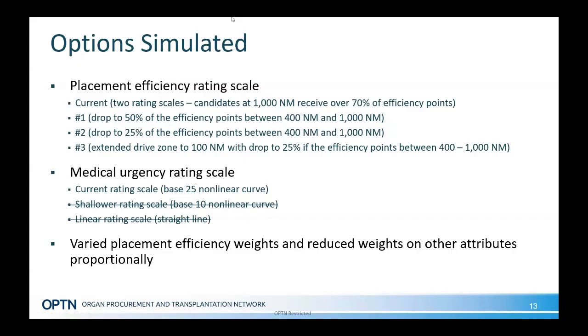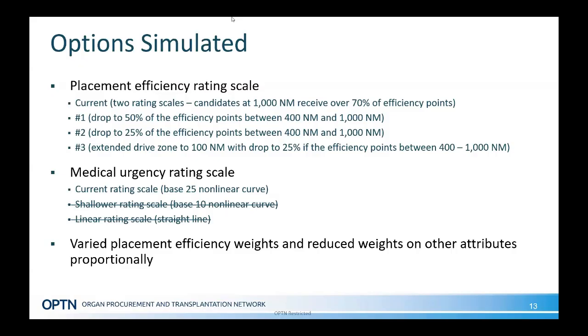So the number is 10%, or 10 out of 100, and we can change that number lower or higher to place more or less weight on placement efficiency, or geography. The analogy I would use for this is a car. If you change the color of the car, say from red to blue, it's very noticeable, and it obviously changes the car. That's similar to changing these absolute points allotted to the attribute.